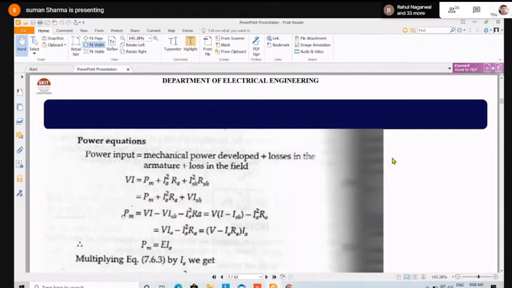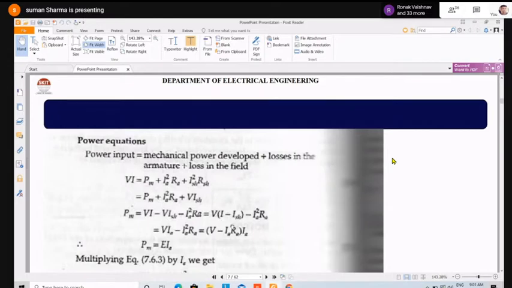Now when you subtract, to obtain this PM, we will subtract these two losses from electrical input. So it is VI minus V into ISH minus IA square RA. So we can write V into I minus ISH minus IA square RA.